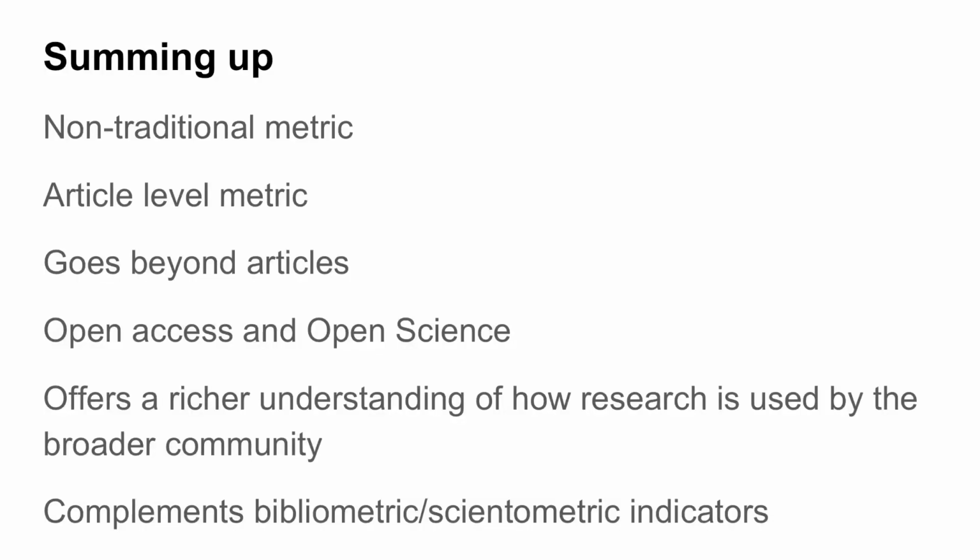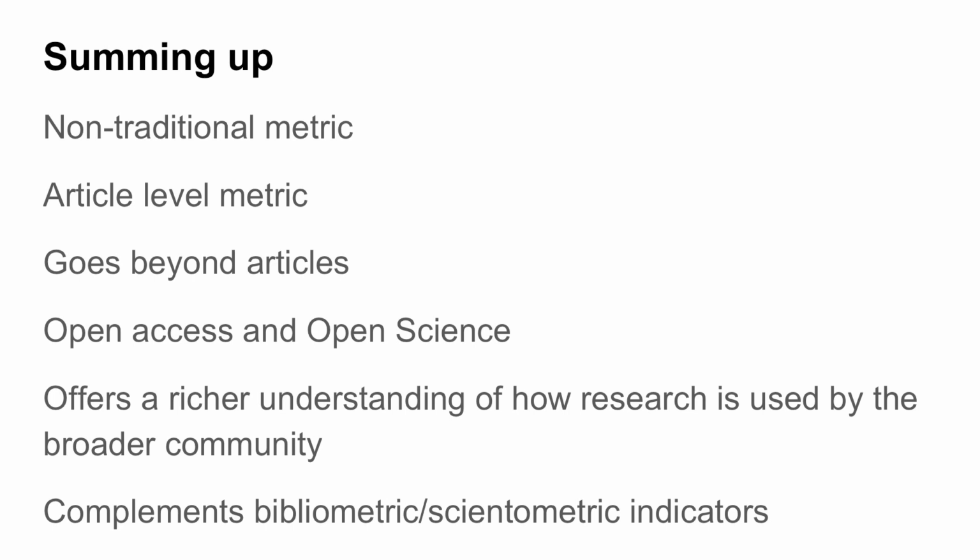So, altmetrics is a measure that has been there for quite some time now, for close to a decade, and as I did mention, we are looking at this measure seriously. But then to sum up, this is clearly a non-traditional measure.